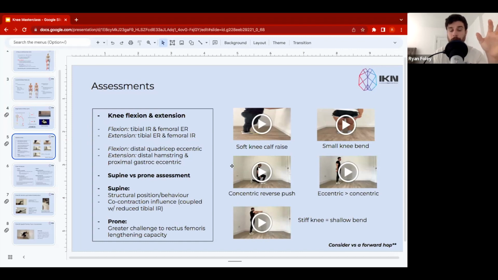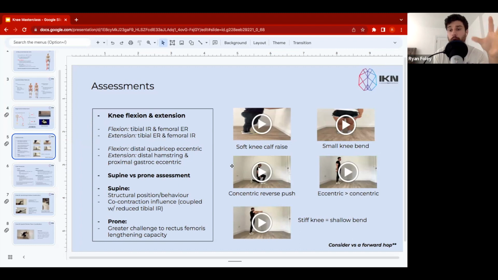But what we'll often do is look at supine and prone assessments here of tibial flexion specifically, because very often you'll have clients that have sensitivity around the knee, sometimes through the anterior knee, sometimes through the medial and lateral knee, as you're flexing the tibia in a supine position.